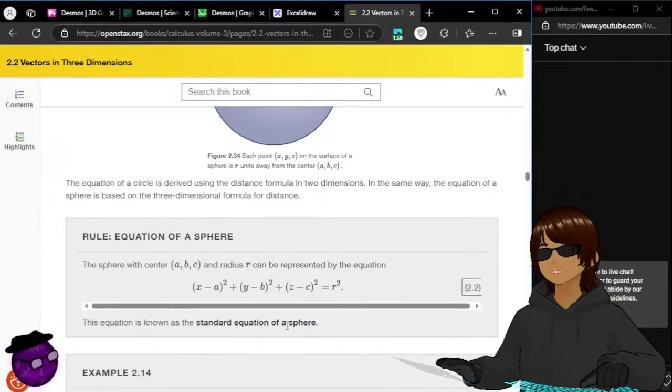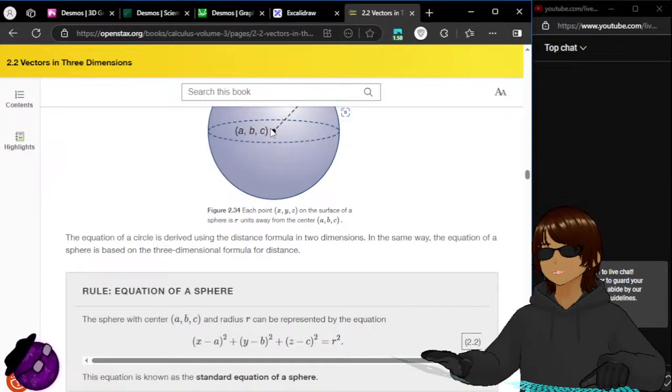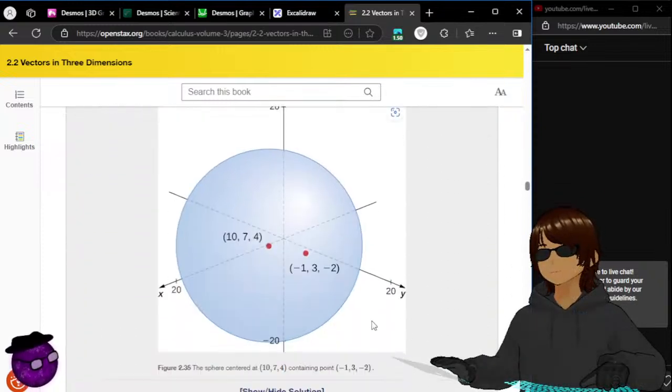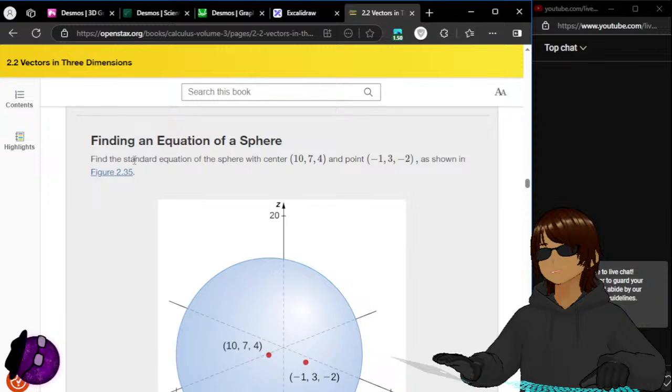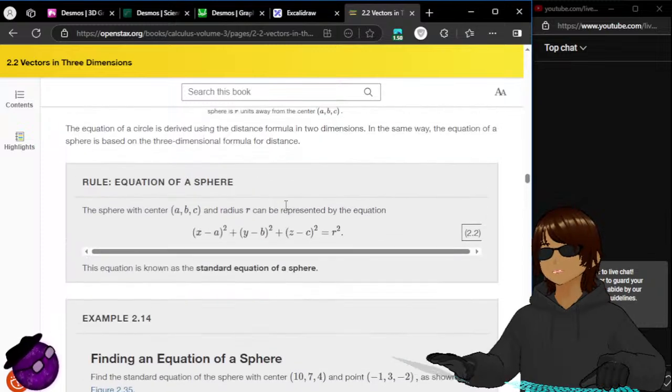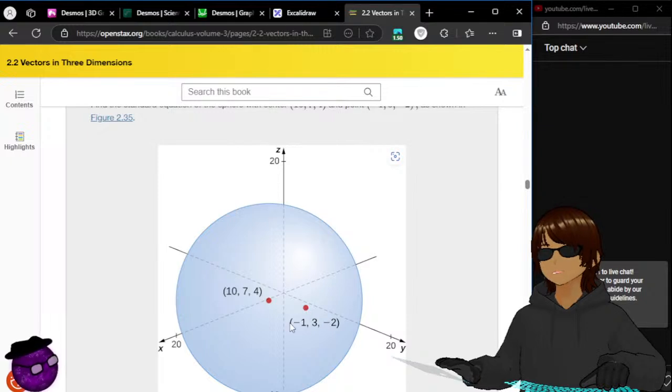Okay, so you have a standard equation of a sphere: x minus a squared, y minus b squared, and z minus c squared, where a, b, c is the center, and adding them all up gives r squared. Find the standard equation of the sphere with the center 10, 7, 4 and the point -1, 3, -2 shown in this figure. So what did they mean? Oh, we just find the radius by subtracting each point.